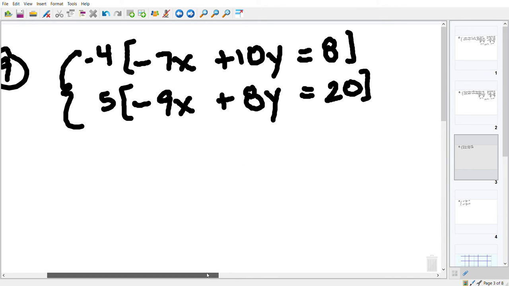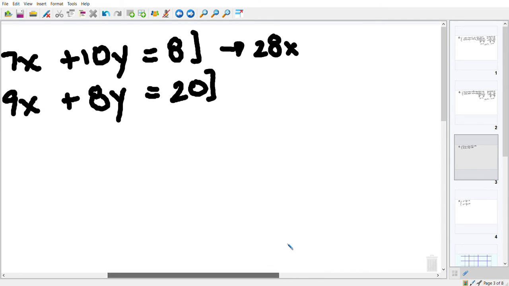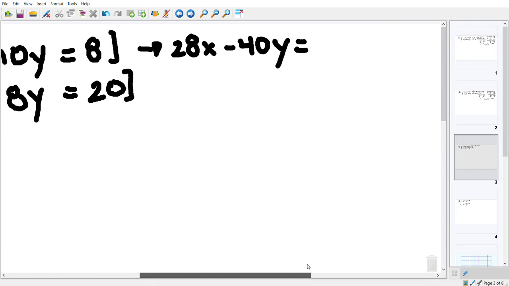All right, let's see. You're working ahead. You should have a positive 28x. You should have a negative 40y. And your 8 is going to change into a negative 32.